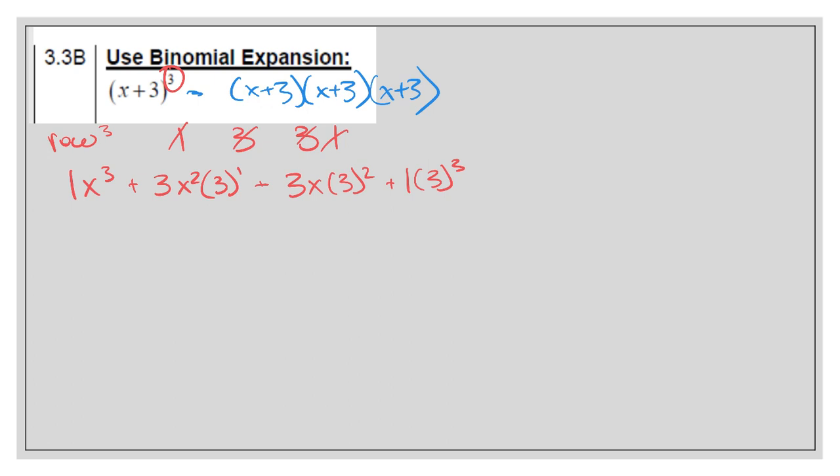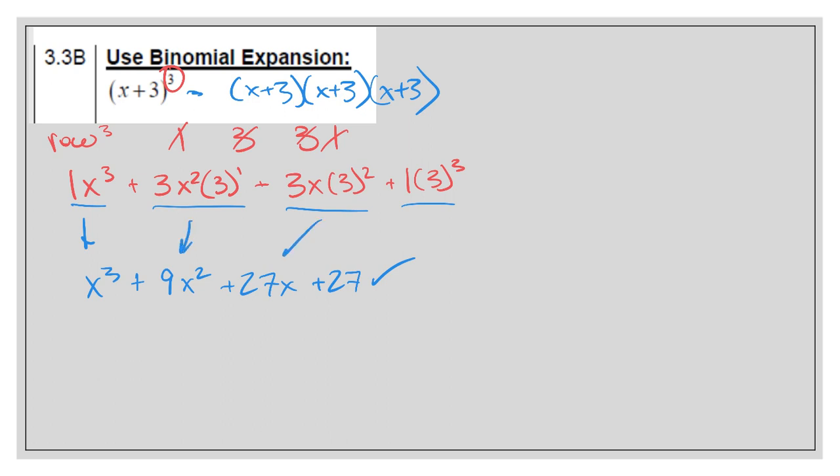Now we're going to simplify all these. This is x cubed plus, this is 3 times 3, which is 9x squared. This is 3 times 9, which is 27x, and this is 3 to the third power, which is 27. And we're done. We simplified each one of these on their own.